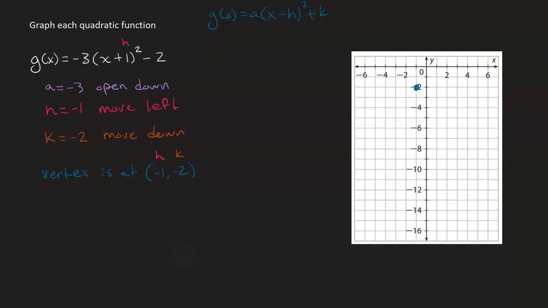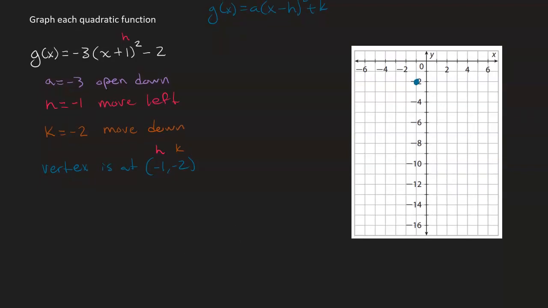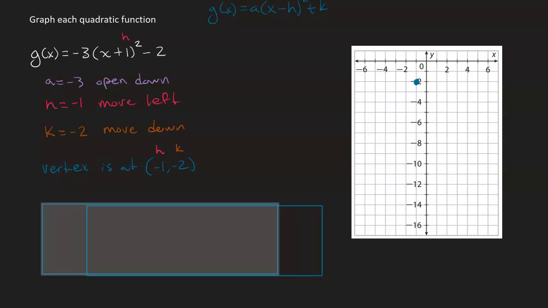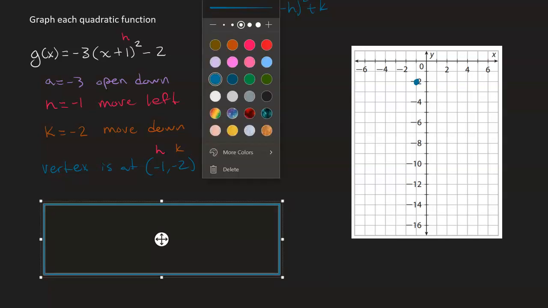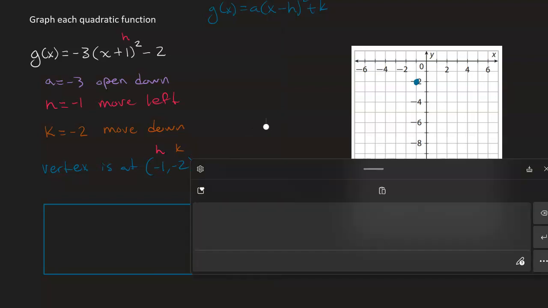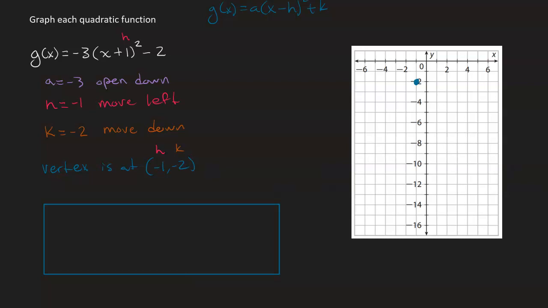Okay, from here, I do want to create a table. I'm going to create a table that's a little bit different. I'm going to have my inputs and outputs in a row instead of in a column. Let me just divide this up.